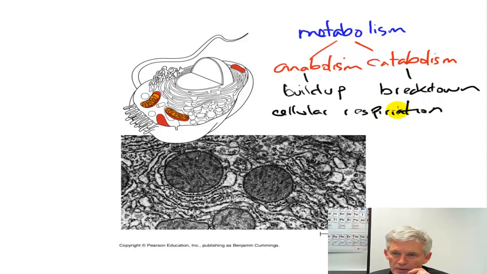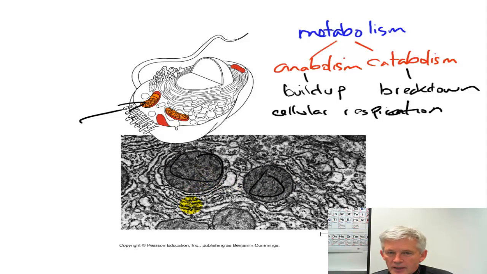Respiration, I spelled that wrong, but you know what, you're going to forgive me because you love me, right? Cellular respiration. And of course, you know cells inside out. When you look at this cell, you see the mitochondria. Mitochondria are where cellular respiration occurs. This is just an electron micrograph of liver tissue, and you should recognize these guys as mitochondria.